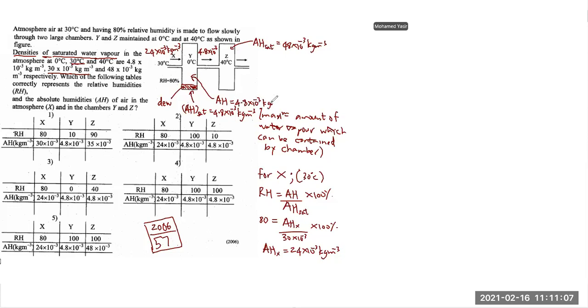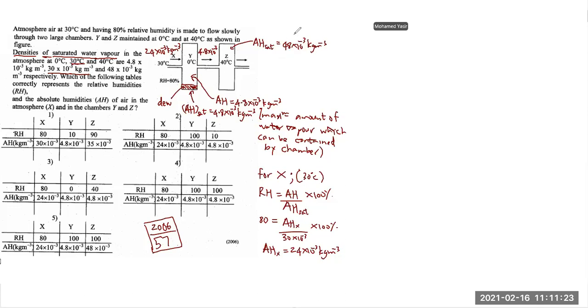And now here, when you send 4.8 into 10 to the power minus 3 kilogram per meter cube, is there a problem? No problem whatsoever, because chamber Z, which is at 40 degrees Celsius, can contain a maximum of 48 into 10 to the power minus 3.